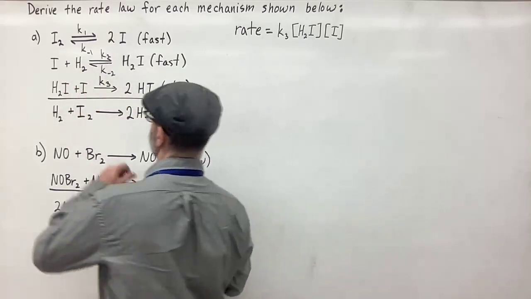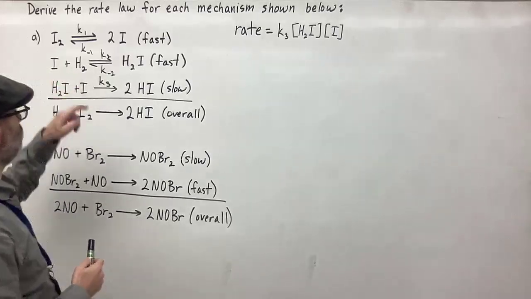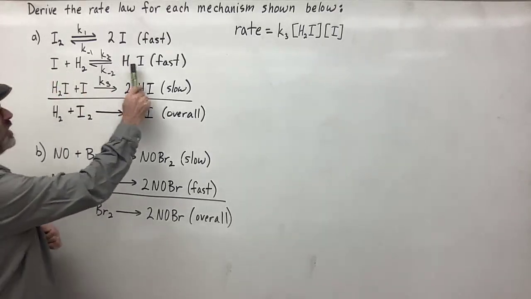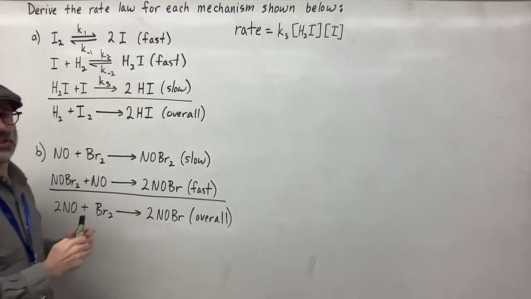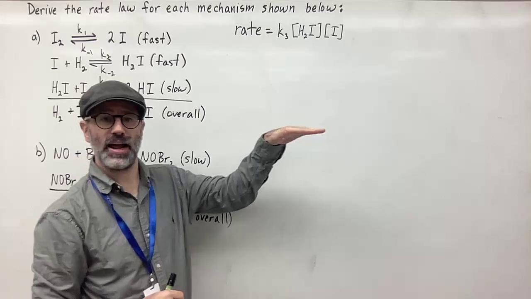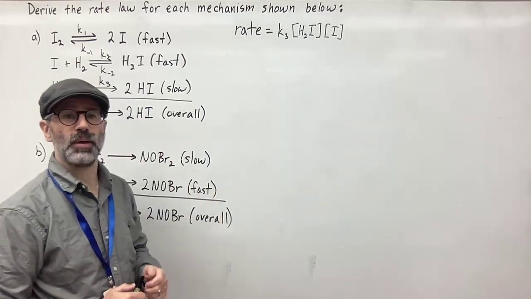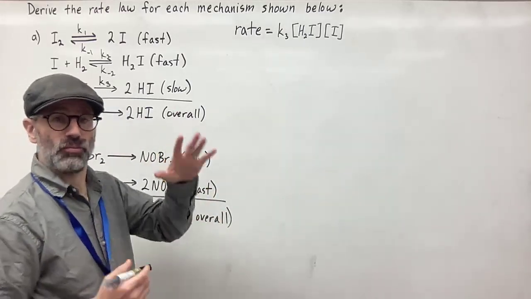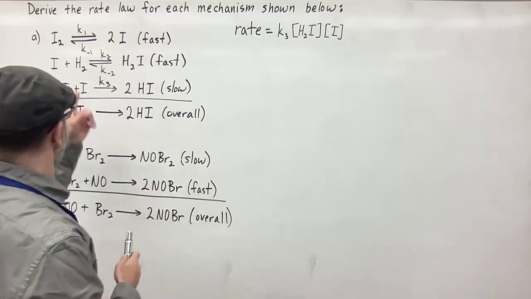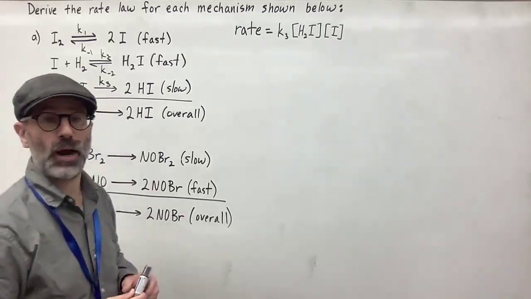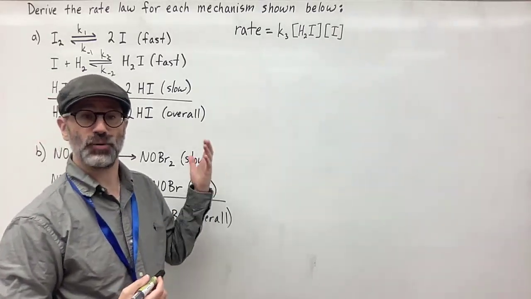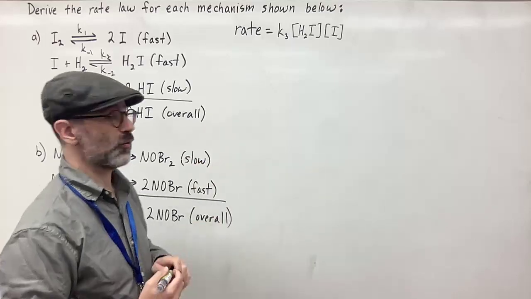So let's start with the second one. Since this is a fast reversible reaction, that means the forward rate and the reverse rate are going to be equal to each other. So let's write the rate laws for each of those forward and reverse reactions.